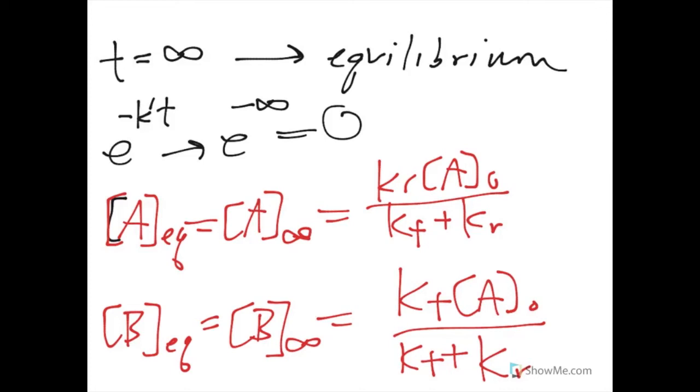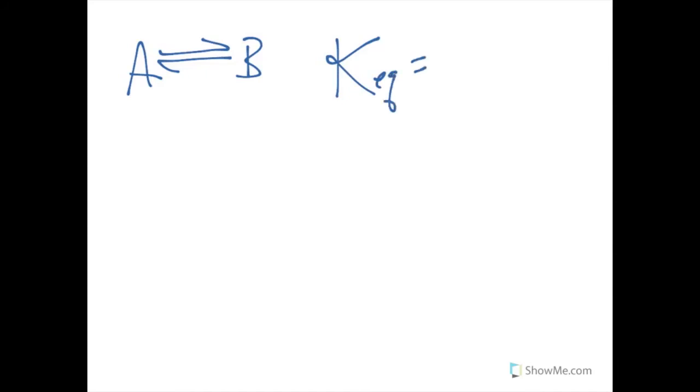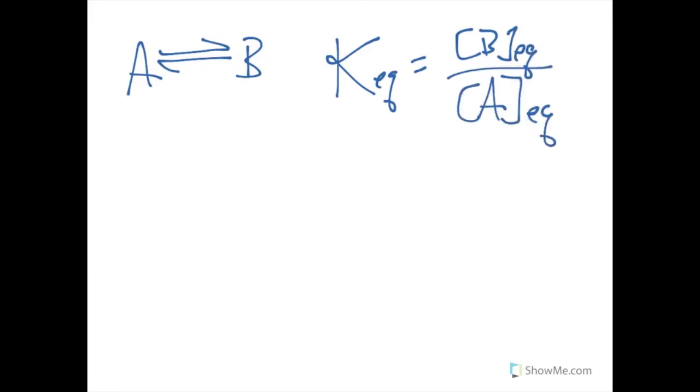Alright, so let's introduce the equilibrium constant, right? Since our equation is A in equilibrium with B, we know that K equilibrium should be B equilibrium over the concentration of A at equilibrium.